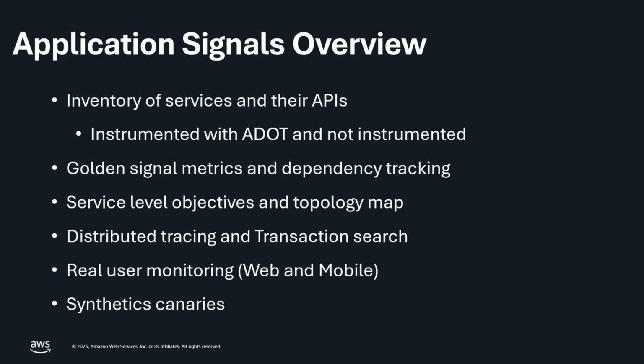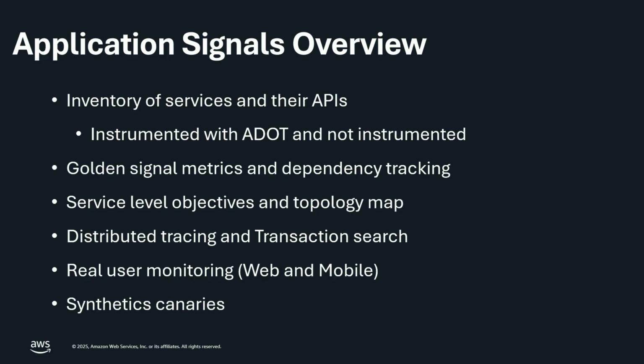And also, it's all based on golden metrics. In the APM world, the golden metrics are all about RED metrics, as we call them, wherein R stands for requests, E stands for errors and faults, and D stands for duration or latency. So everywhere in the application signals console, whatever you will be seeing is based on golden metrics, the RED metrics, and dependency tracking.